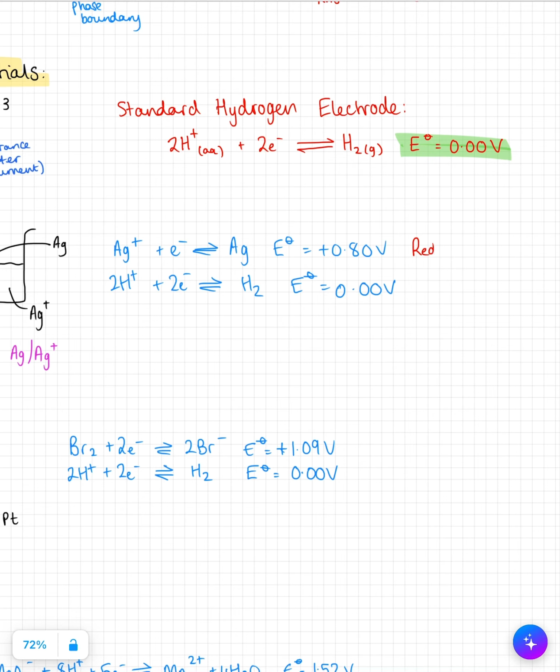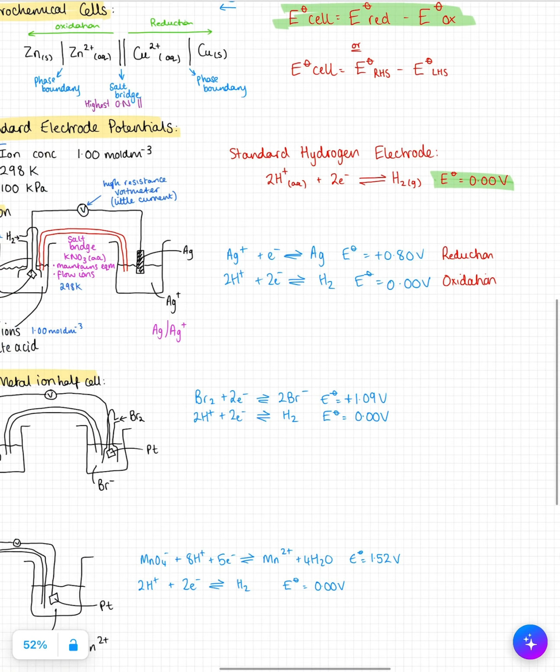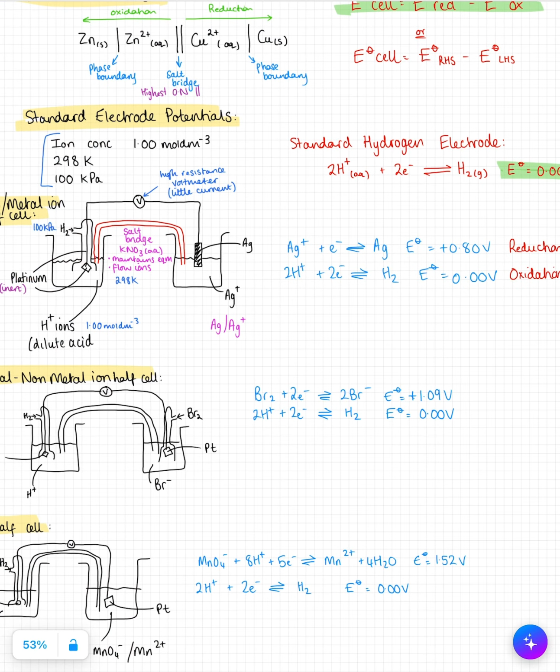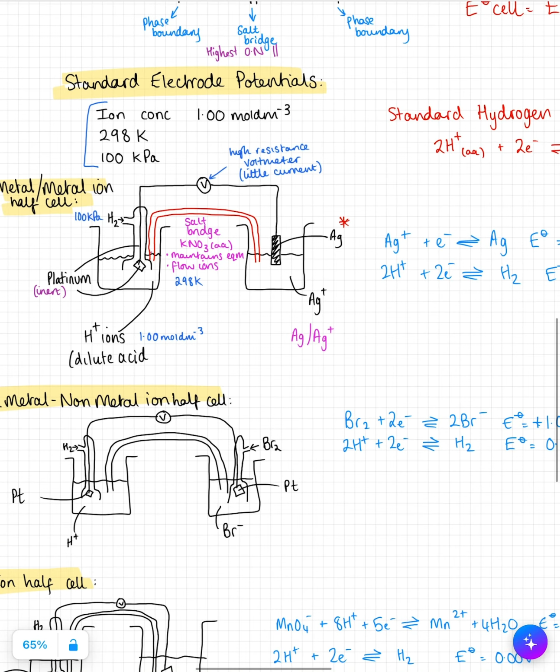So this means that this is going to be the reduction and this is going to be the oxidation process. Reduction is always represented on the right hand side, so that is why we put our Ag and Ag+ on the right hand side of our diagram, because this is the side where our reduction process is happening. Therefore this will become the positive electrode and our platinum hydrogen electrode will become the negative electrode due to oxidation.